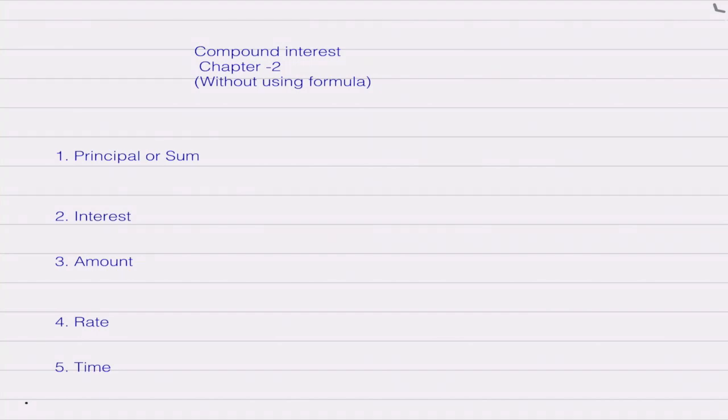So first, compound interest. Till last year, children, you have done only the simple interest. Simple interest is P into R into T upon 100. So simple interest, we use these terms. First is principal or sum borrowed, that is denoted as P. Money borrowed is known as a sum or a principal. Second is interest.